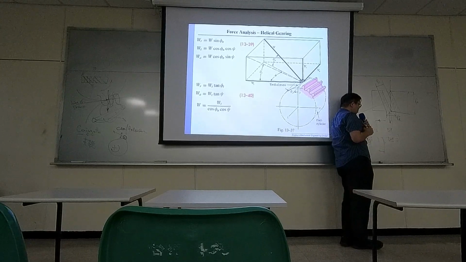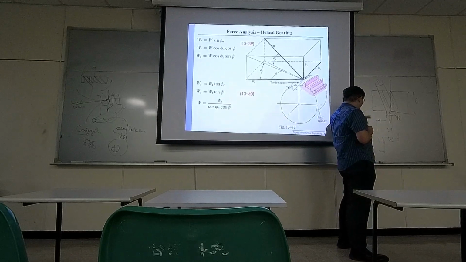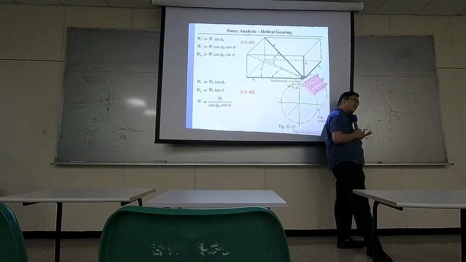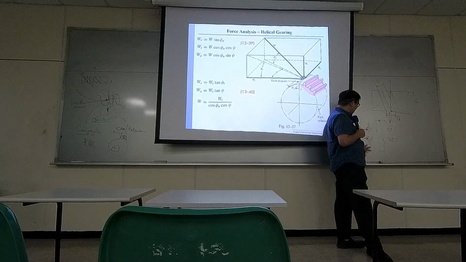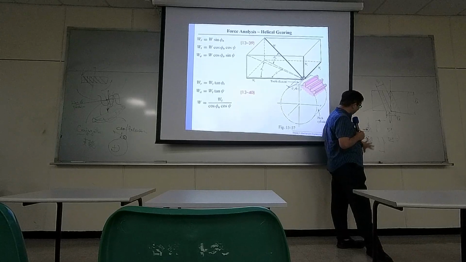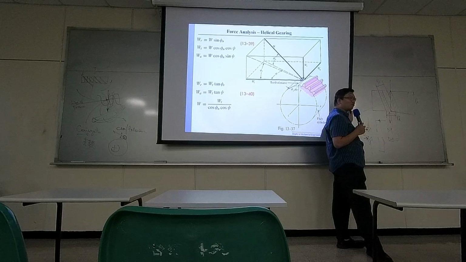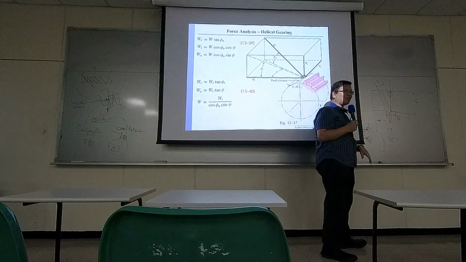You may need to look into the geometry and think about, okay, does the reaction force along this axial direction affect anything? Okay, if the structure of the machine is very strong, then you probably don't need to worry about anything. You can just ignore the force balance right there.